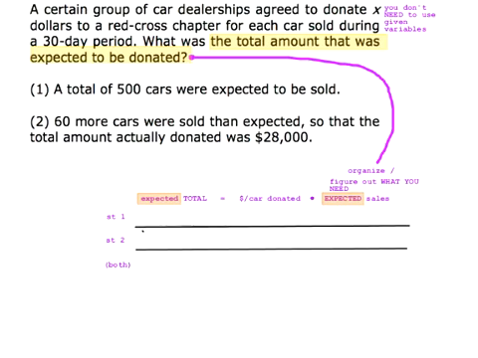Statement 1, there were actually 4 or 5 people who thought that statement 1 was sufficient, but it's not, because you need a dollar amount, and this is just a quantity of cars. So if you want to fill this organization in, dollars per car donated is a bunch of question marks times 500. So that means this is still a bunch of question marks.